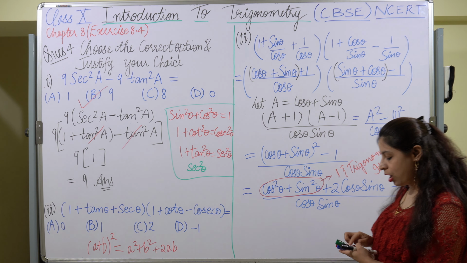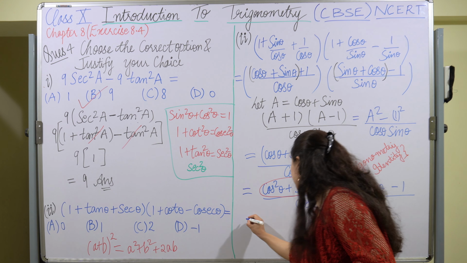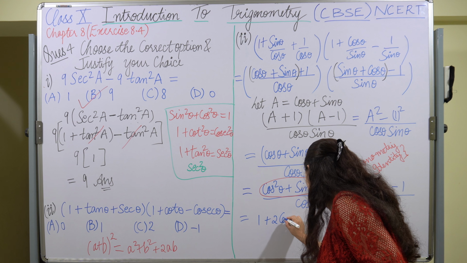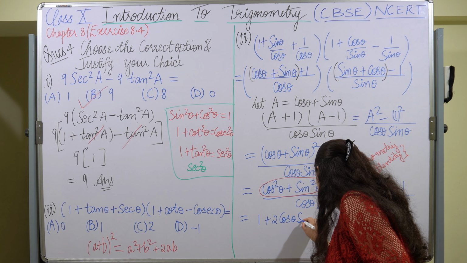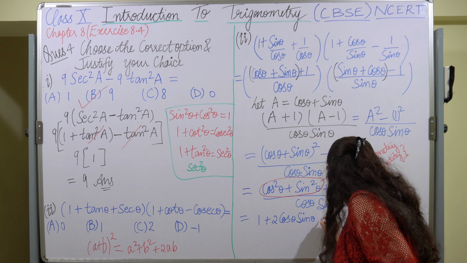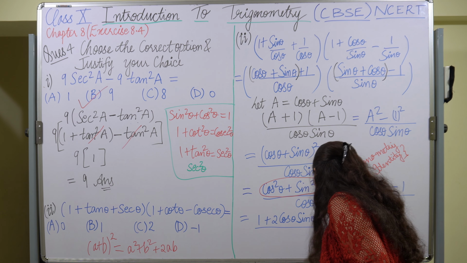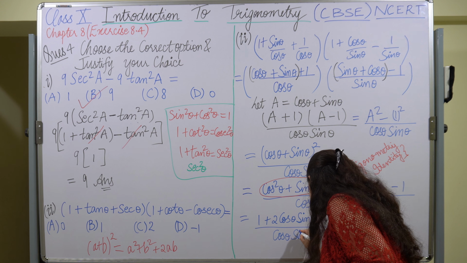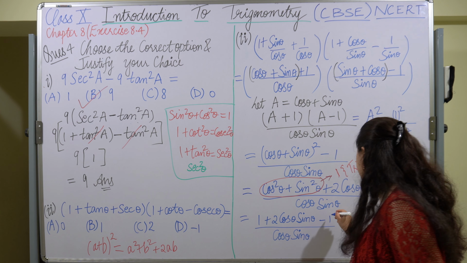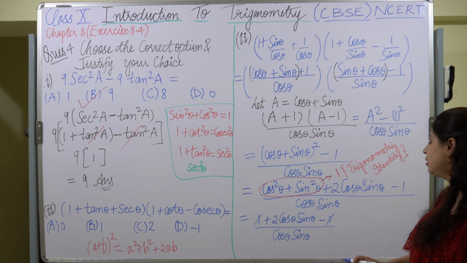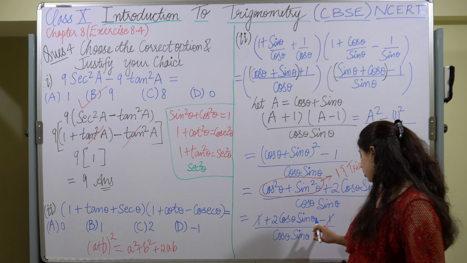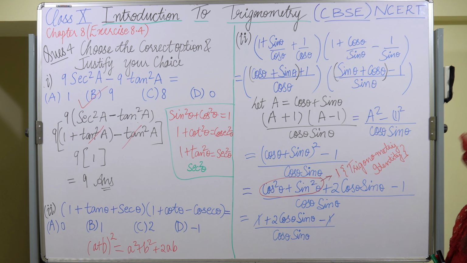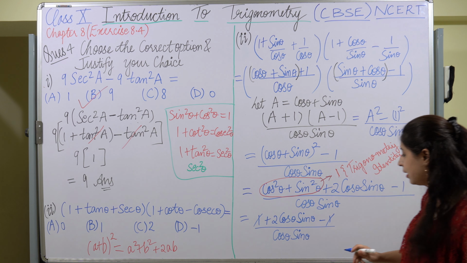So now we will be left over here with 1 plus 2 cos theta sin theta minus 1 upon cos theta sin theta. So this 1 and this 1 get cancelled because one is of negative sign and this one is positive.